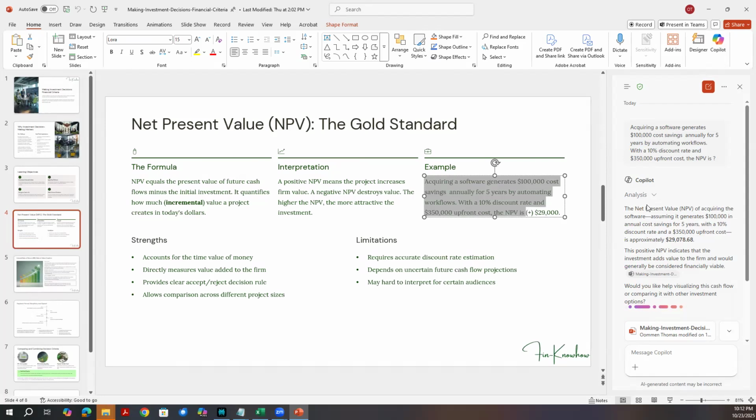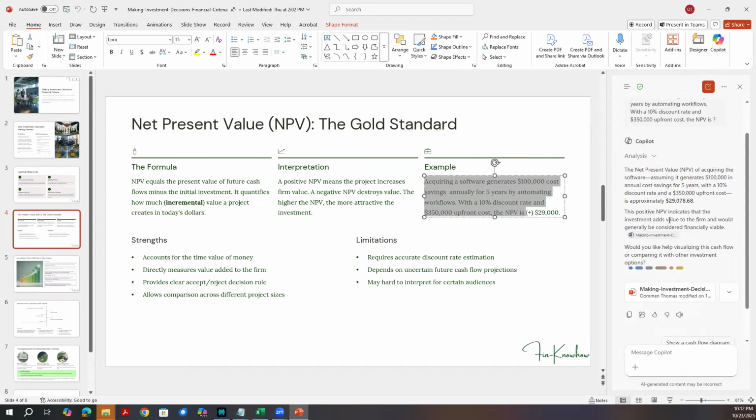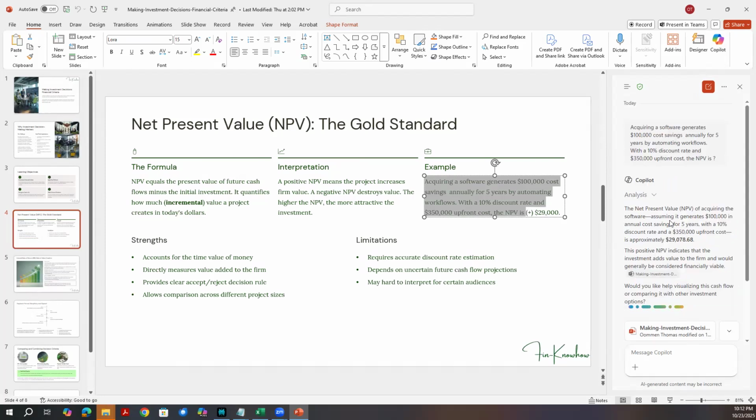So while we were discussing that, it turns out that the calculations were performed by ChatGPT, and it came back with exactly the number that was presented on the page, 29,000 roughly, yes, so $29,078.68 rounded off to approximately $29,000.